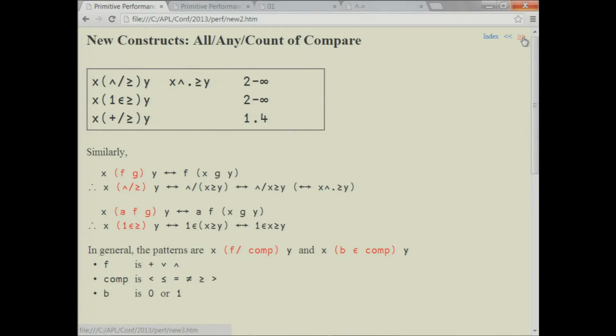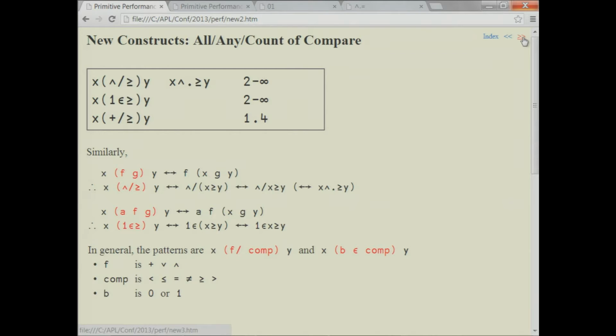The next new construct is the 2-train n/ greater than or equal to at the top of the slide. And it asks the question, are all elements of x greater than or equal to y? In general, the question can be, are any, as well as the are all, and also how many.